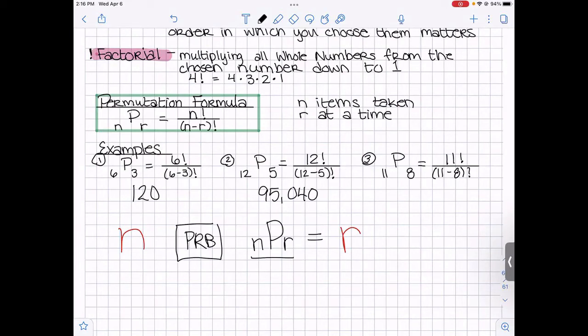Okay, what do we get? 6,652,800, right? 6,652,800. How many people got it? Or we're doing it, but I cut you off before you finish. Cool.